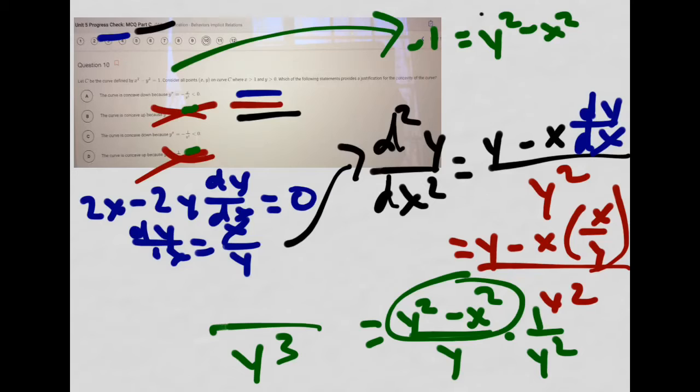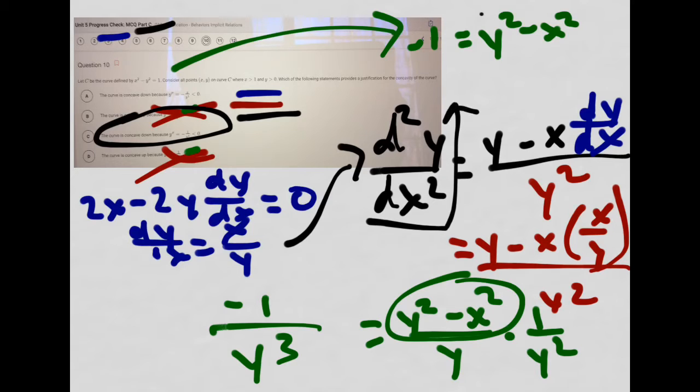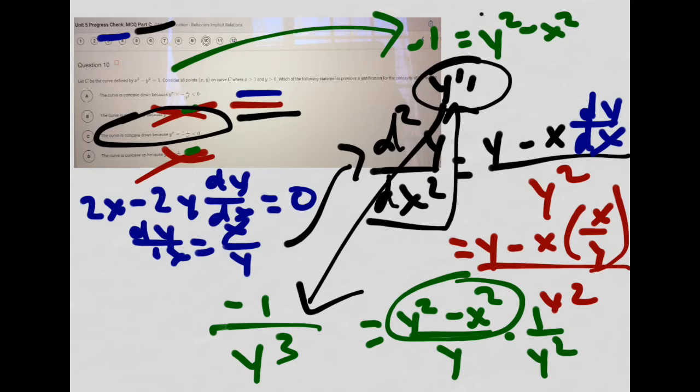So this is the same as negative 1, which leaves us with our final answer. C would be our answer because the second derivative, y double prime, turns out to be negative 1 over y cubed, and we know it should be less than 0 for the concavity of this curve.